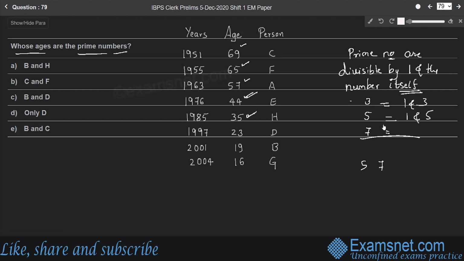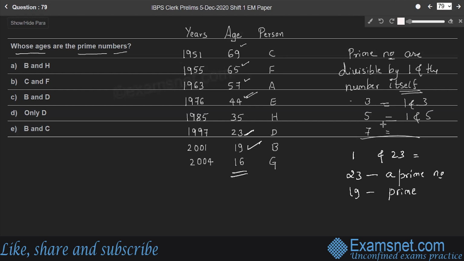23. Look at the number 23, right? Only 1 and 23 are factors of 23, or 23 is divisible by only 1 and the number itself. So 23 is a prime number. And also 19, a prime number, because it is divisible by only 1 and the number itself. Whereas 16 has factors other than 1 and 16.